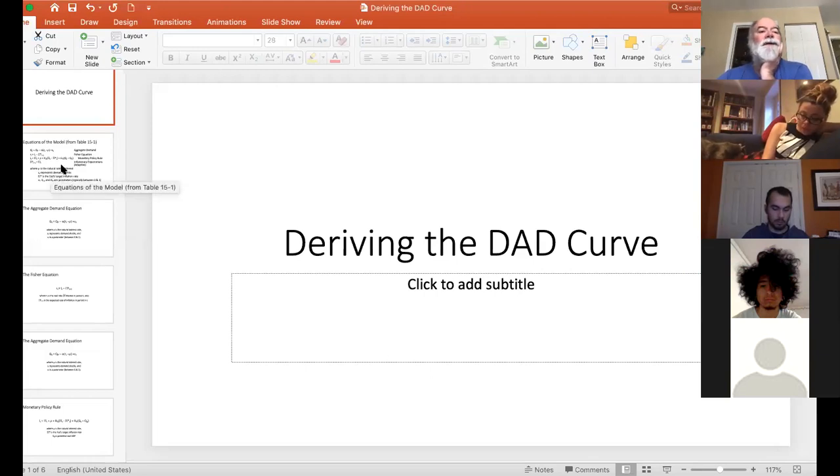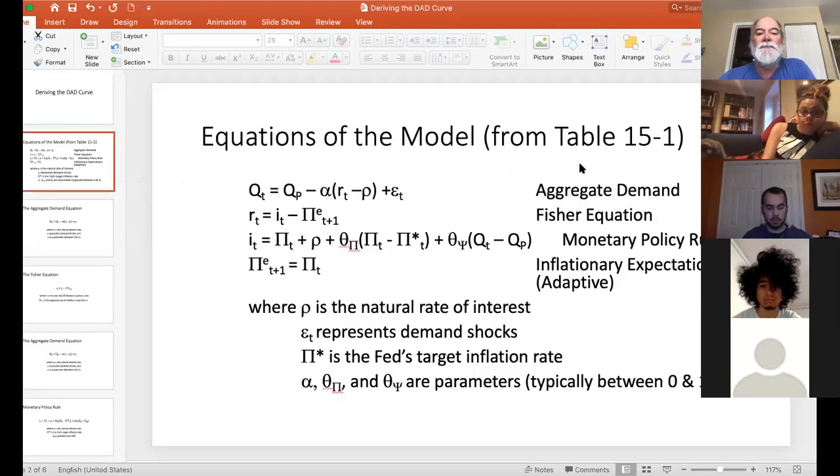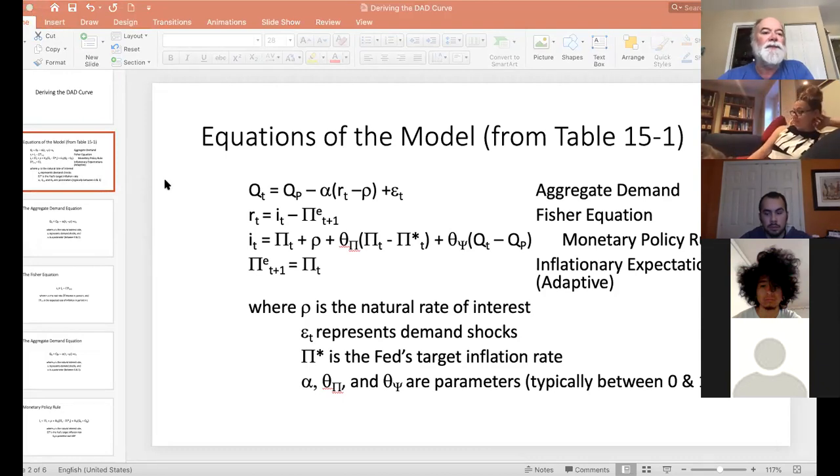The way that I keep track of what the heck is going on is I start with the equations of the model, which are in the book in table 15.1. The table is 1 whole page long. I have a nice picture of it here. No, that's the ugly picture. Let me find the nice picture.